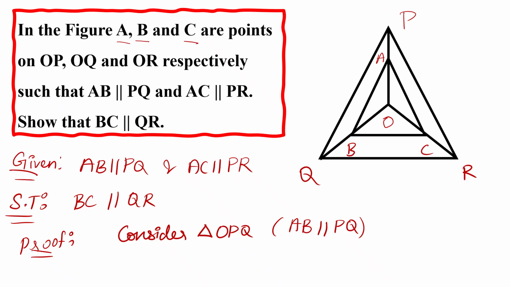Now when we apply Thales theorem, we are going to get OA by AP is equal to OB by BQ. Mark this as equation 1. Similarly, we are going to prove another proportion, and from these two proportions, we are going to prove that BC is parallel to QR. So let's just proceed with the problem.